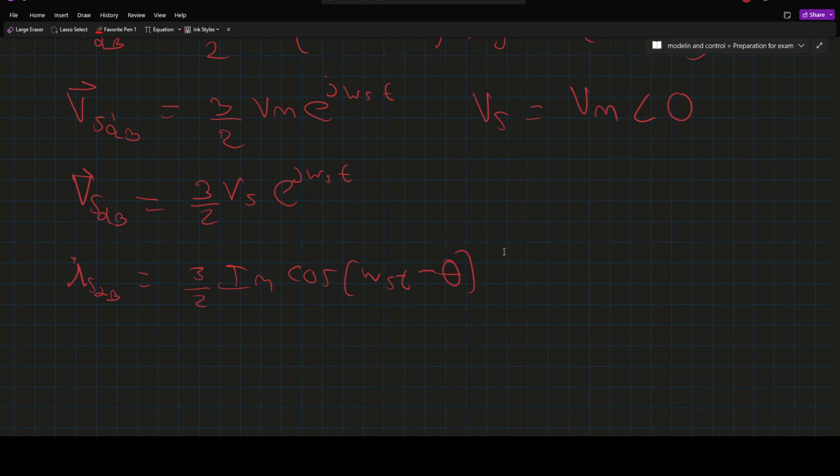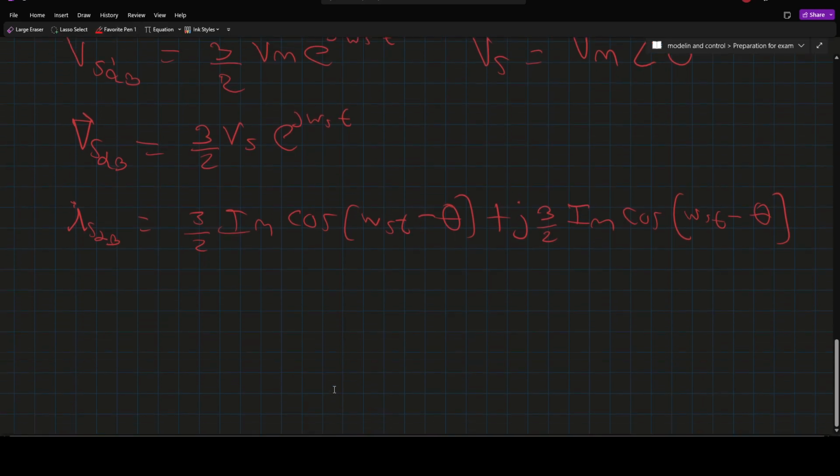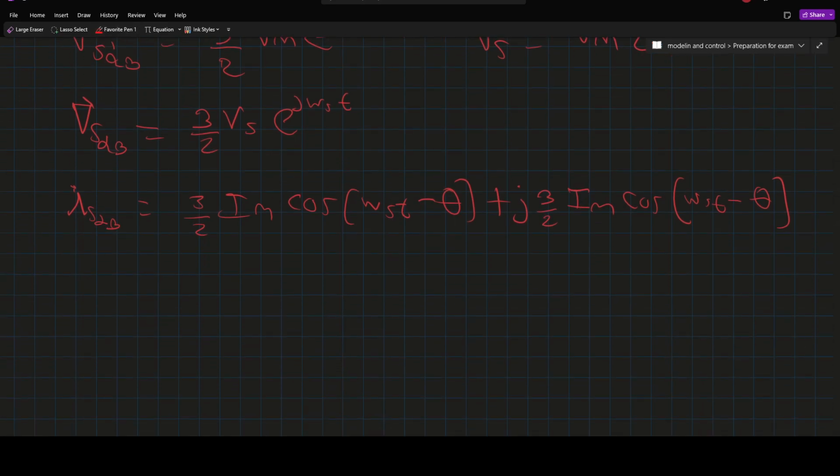This is the angle of phase shift of the current, plus j 3 halves Im cos of omega st minus theta. So this is our alpha component and this is our beta component. And we figured out this in another video. So we can collect our terms here.